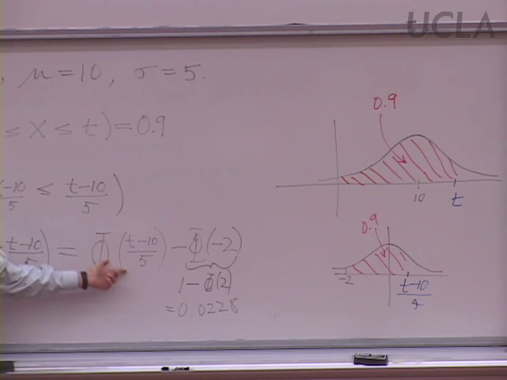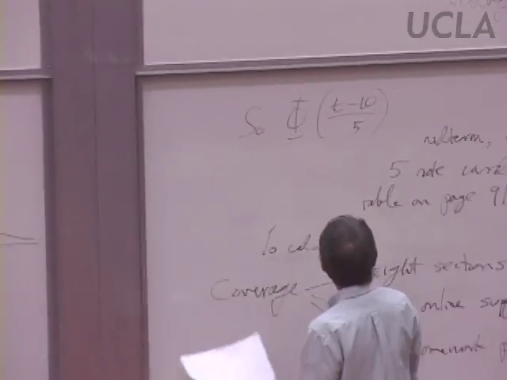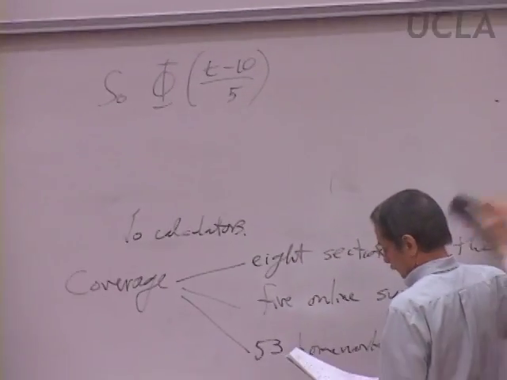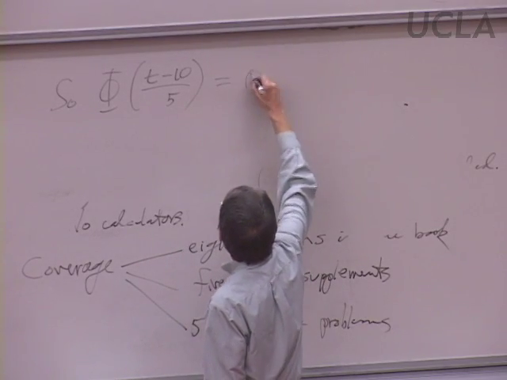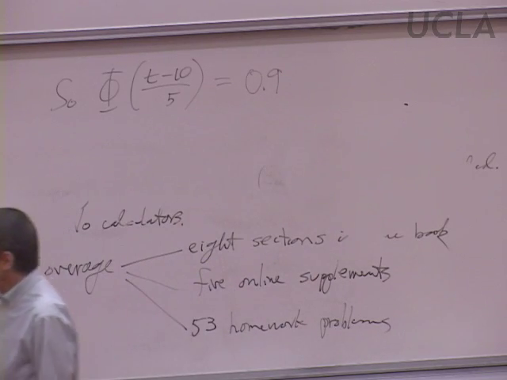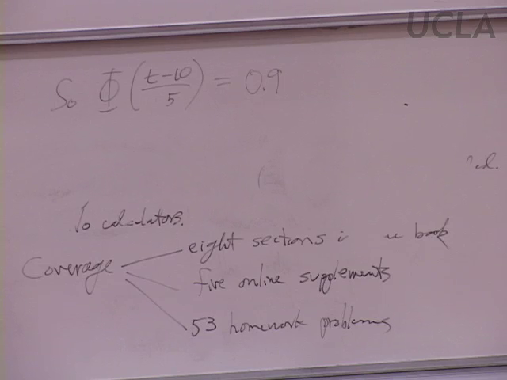So in this equation, solving for the thing we don't know yet, phi of t minus 10 over 5, we'll put that on one side of the equation, and the things we do know can go on the other side. It's 0.9 plus 0.0228.